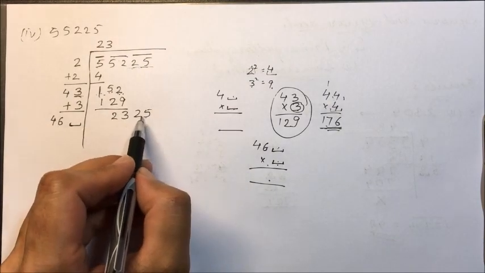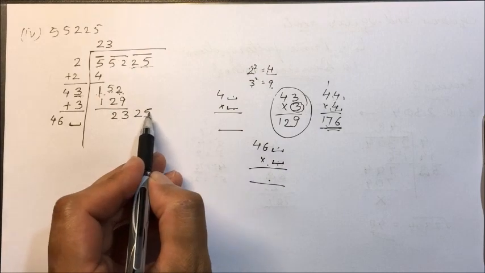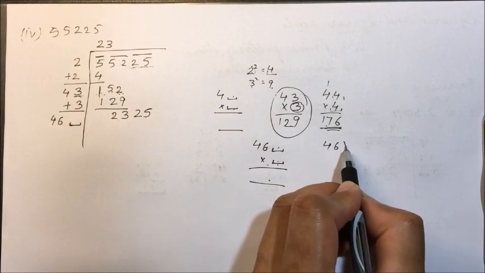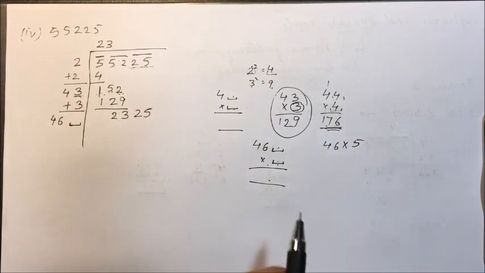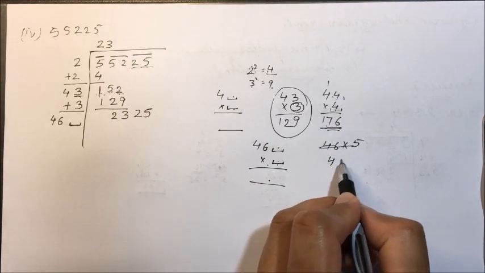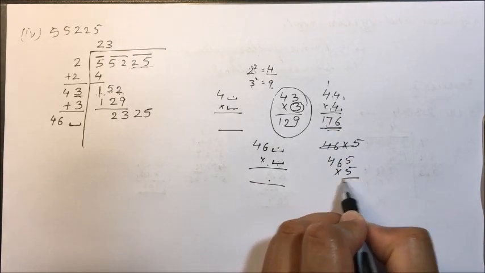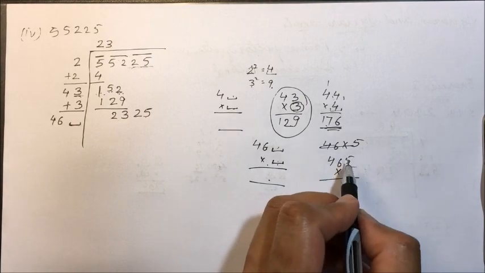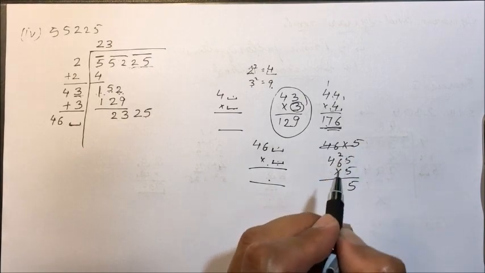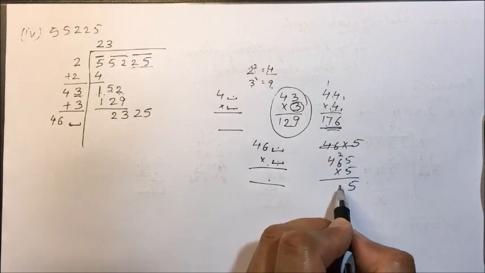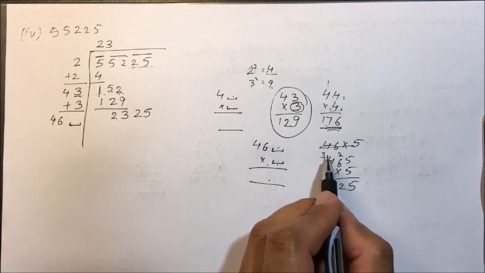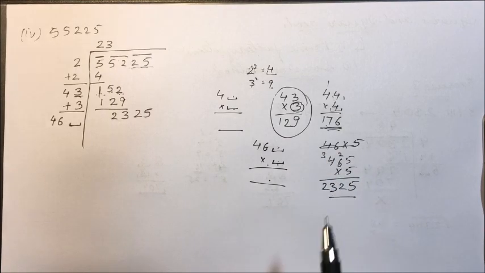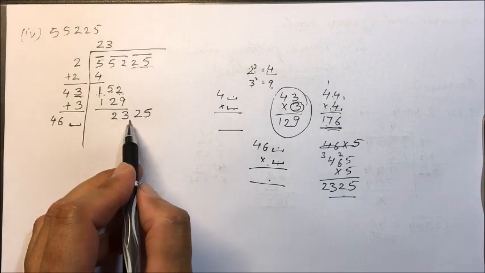So 46, how much should we multiply? 465 into 5. If I go with 5, 5 5s are 25, 2 carry, 5 6s are 30, 32, 3 carry, 5 4s are 20, 23. So this number does not exceed this number.